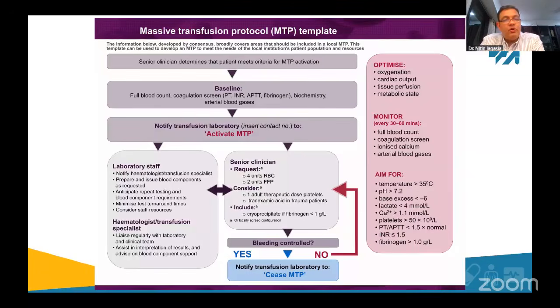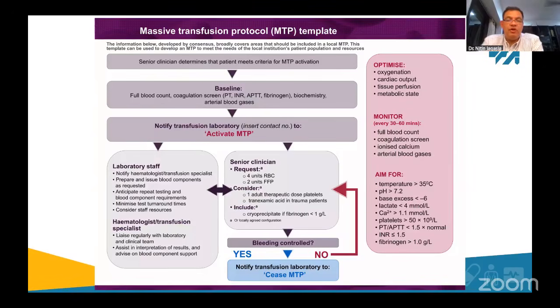A brief word on what we mean by protocol versus a guideline. A protocol is something that happens in a specific hospital or in a specific organization, which has been signed off by everyone involved, so that when that protocol is triggered, things just flow. There is no discussion.